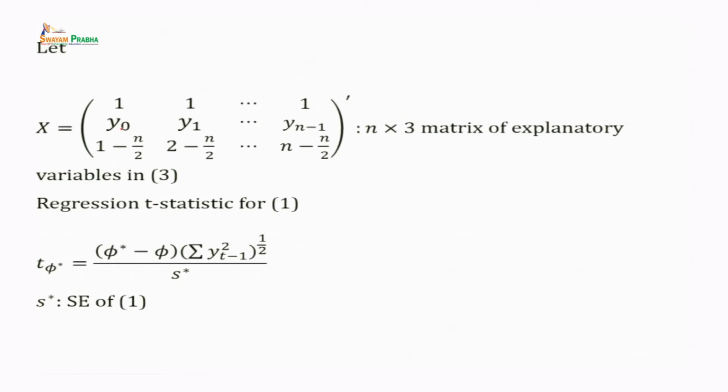The second row of X transpose has elements y_0, y_1, so on y_{n-1}, and the third row, which corresponds to the trend term, has elements 1 - n/2, 2 - n/2, so on n - n/2, and then we take the transpose of this. So, you get the X matrix. So, X is an n by 3 matrix of explanatory variables for equation 3.